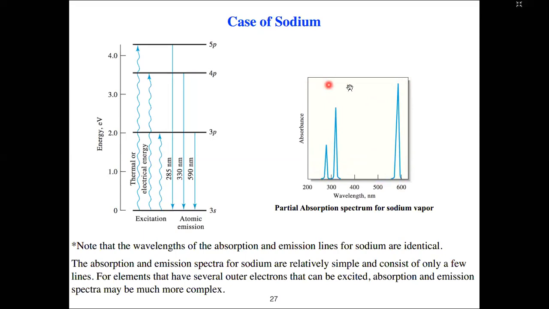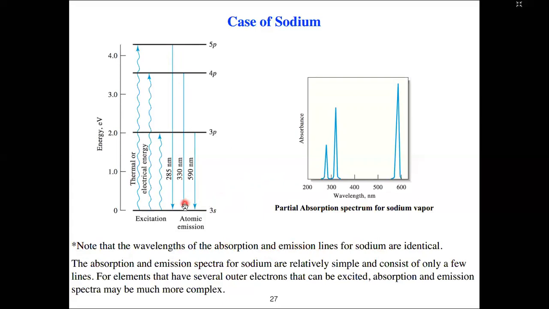For now, you can say that the height will also give you some information about how much. So this is the absorption spectrum for sodium vapor, sodium atoms. However, you should also note that the wavelengths of absorption and emission are identical for atoms. So in the case of atoms, whatever wavelength is absorbed, the same wavelength will be emitted as well.